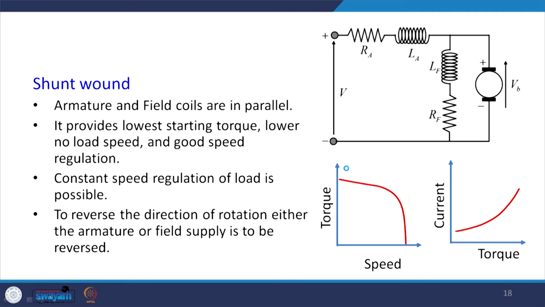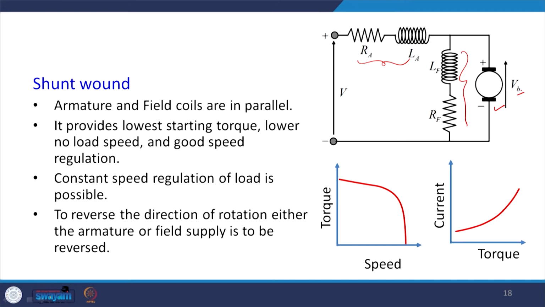Now, let us look at the shunt wound. In the case of shunt wound, the armature coil and the field coil are in parallel, basically they are shunted. Say this is the motor, and VB is the back EMF which is being generated.